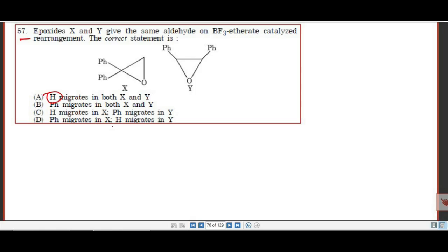So let us take compound X, and here it's O, which has a lone pair of electrons, where BF3 is added because BF3 is a Lewis acid.